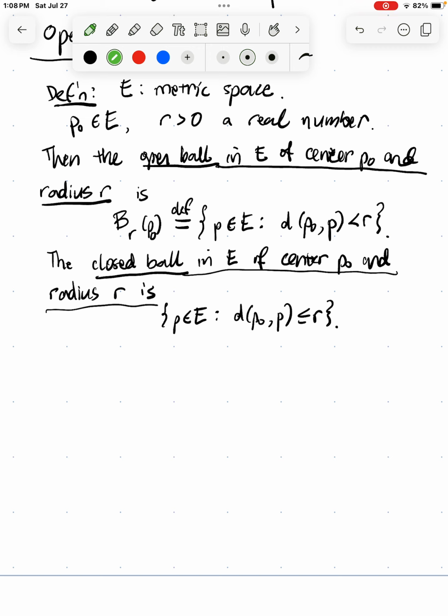Here it's strictly less than R, and here it could be equal to R. So in particular, the open ball of radius R centered at P naught is contained in the closed ball. The closed ball just consists of the open ball together with elements whose distance from P naught is equal to R.